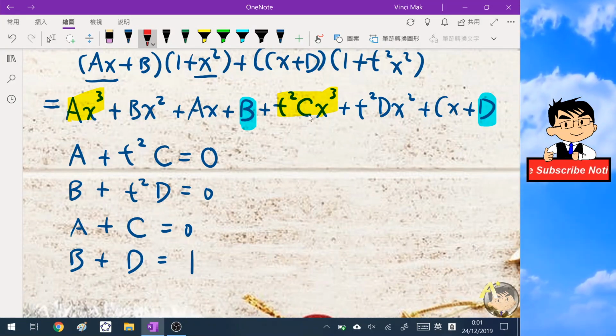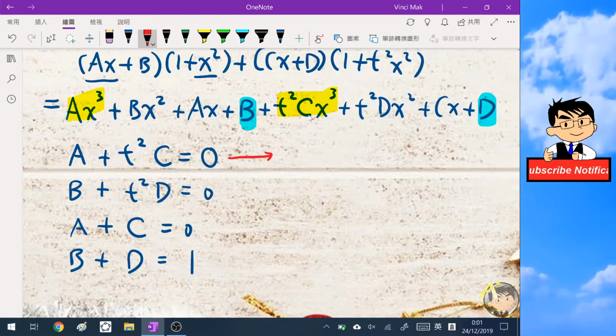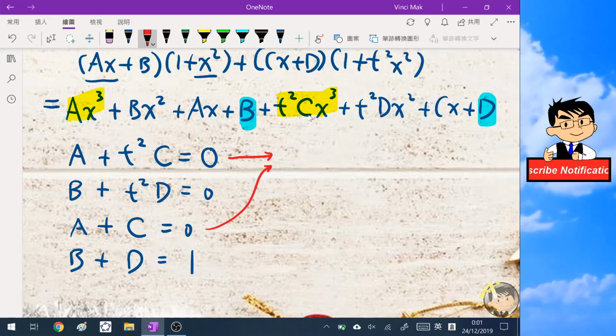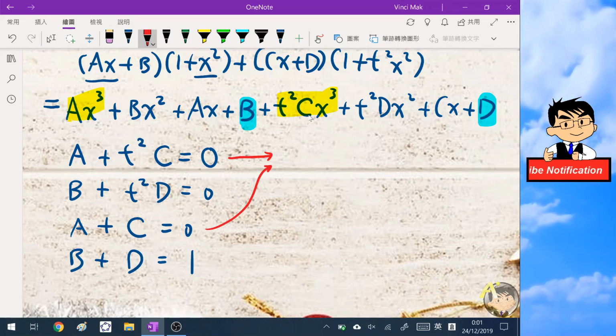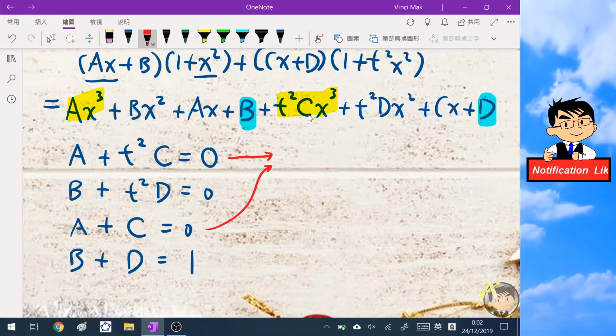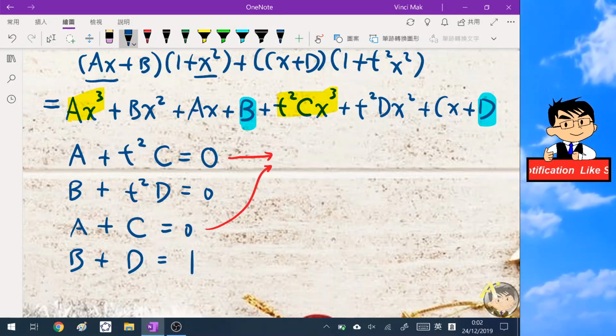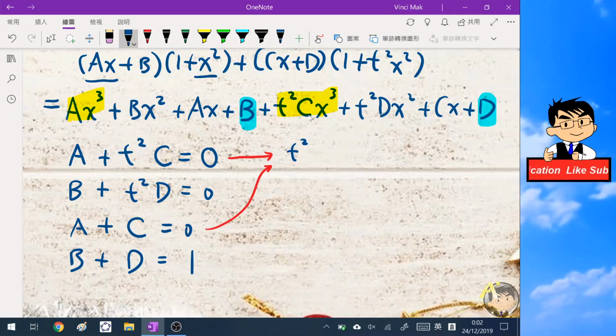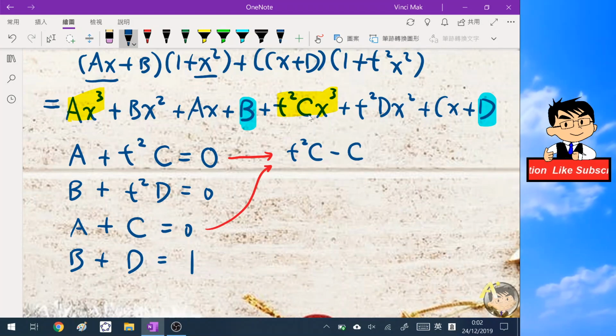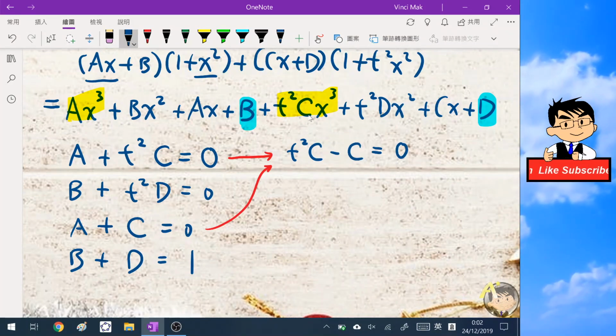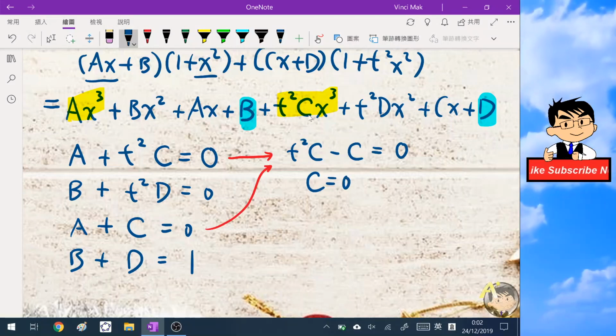So now the first and the third equation, I will subtract them to eliminate the a. So we know that t squared c minus c will be 0. So it makes c equal 0.